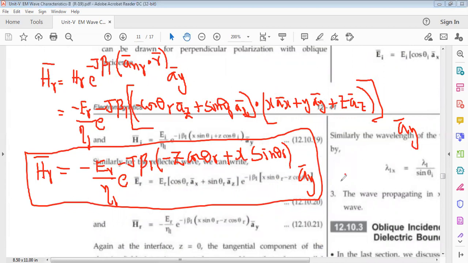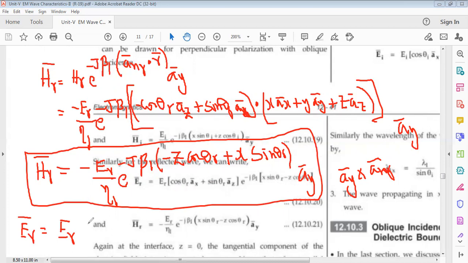We can apply here a_y bar cross a_nr bar to get E_r bar, which is E_r into the coefficient a_y cross a_nr bar. What is a_nr bar here? Cos theta r into a_z bar and sin theta r into a_x bar. So I am applying the cross product with a_y and a_z.